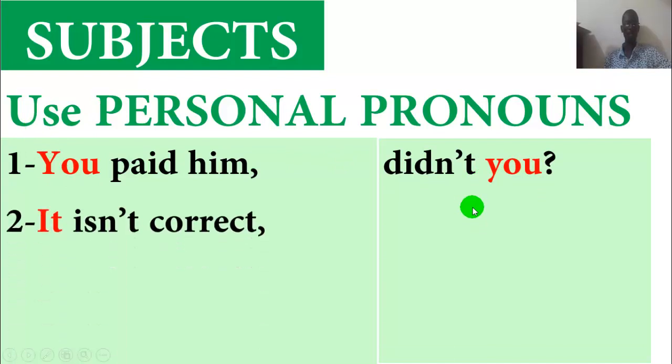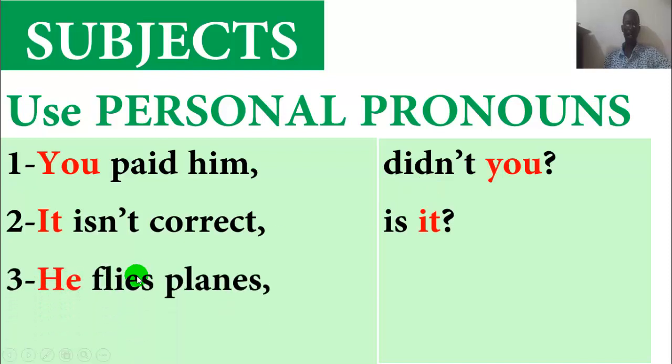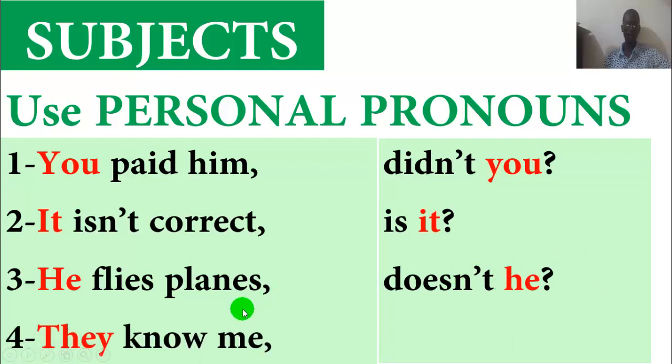Number 2, it isn't correct. It, we repeat it. Is it? Number 3, he flies planes. Il pilote des avions. Doesn't he? We repeat the he here. Number 4, they know me. We repeat also they. So tag questions are formed with pronouns as subject.